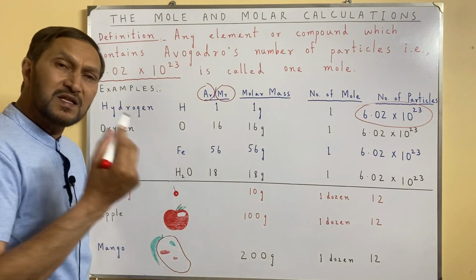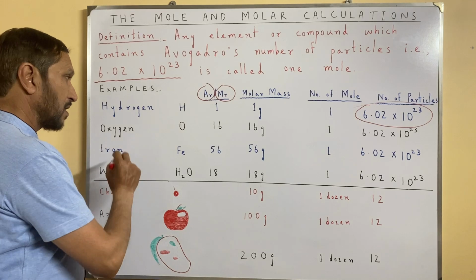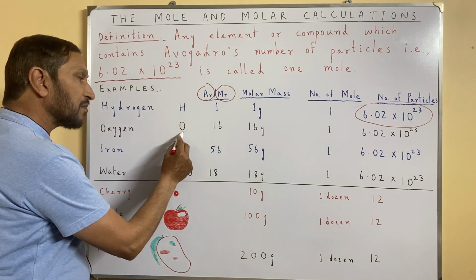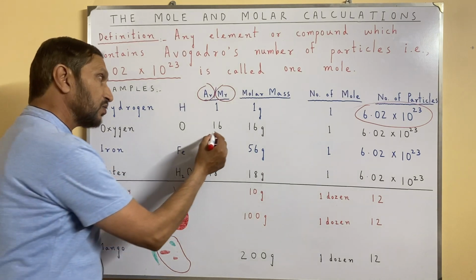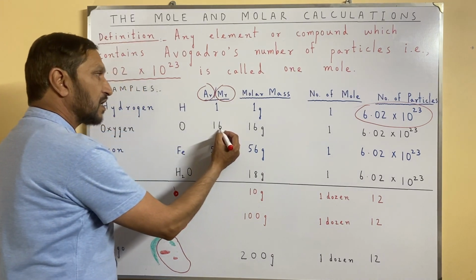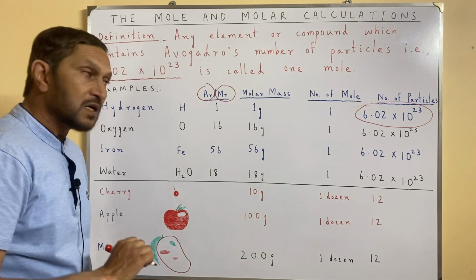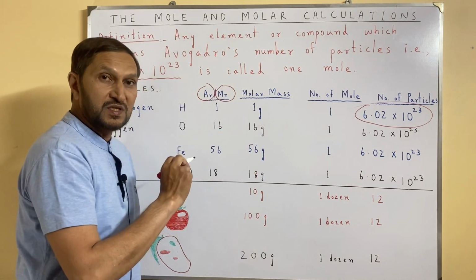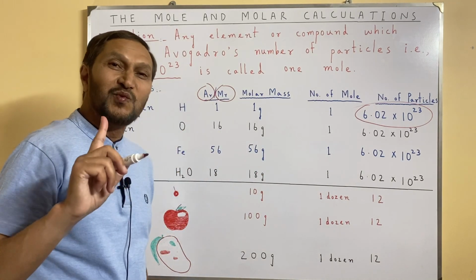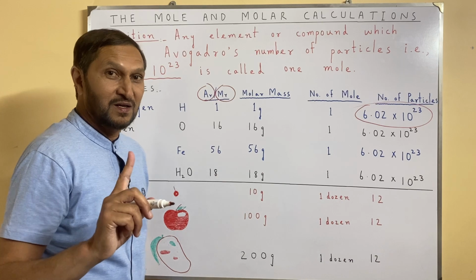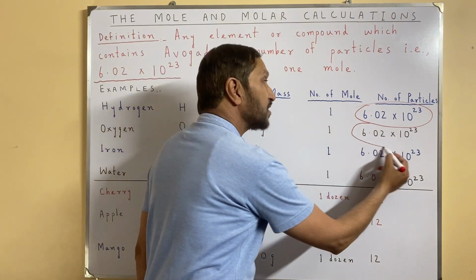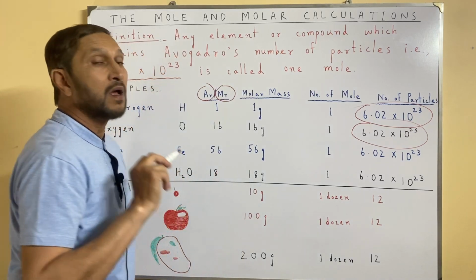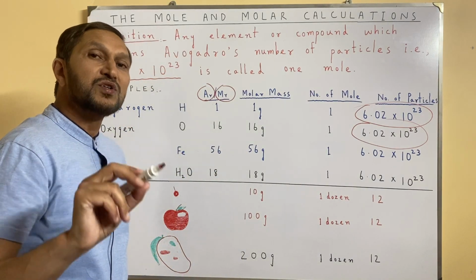Similarly, let's take another example, oxygen. Its atomic mass is 16 if we are considering the oxygen atom. If we take 16 grams of oxygen, that will be considered 1 mole of oxygen, and it will also contain 6.02 × 10^23 oxygen atoms.